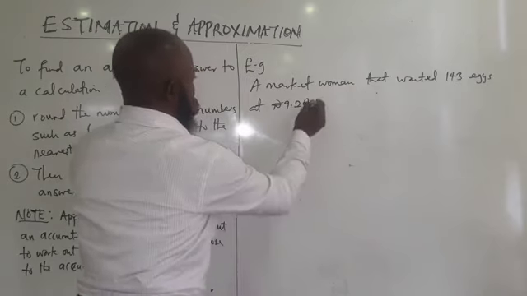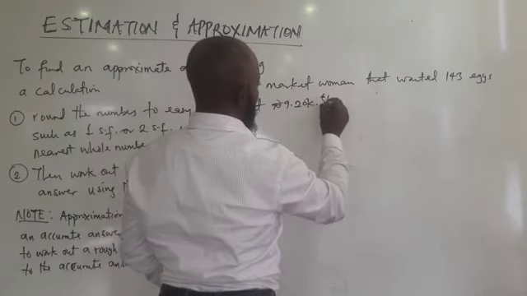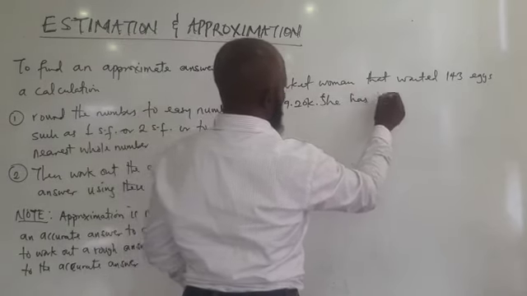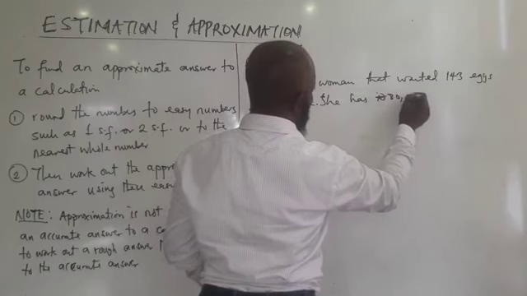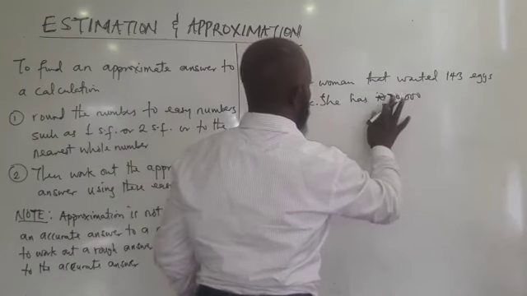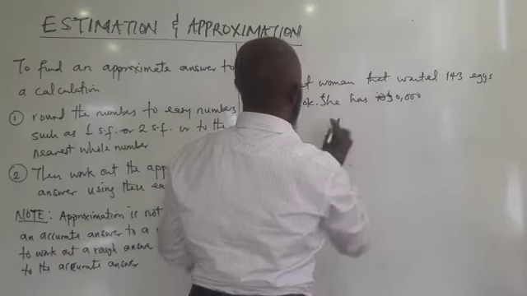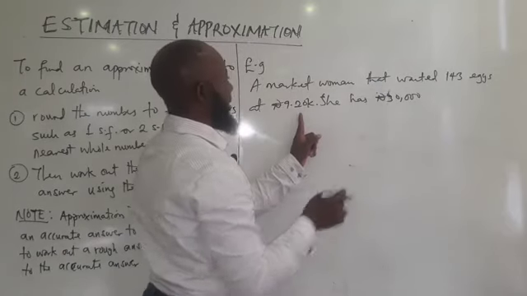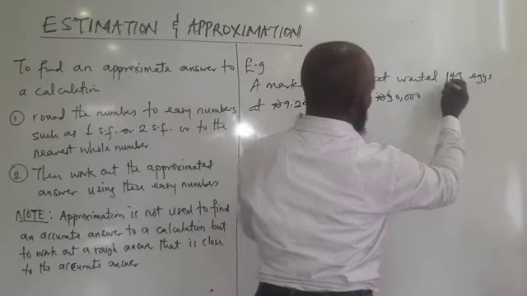Right, so she has 30,000 naira with her. She wanted to know if this 30,000 naira will be enough to buy this number of eggs.